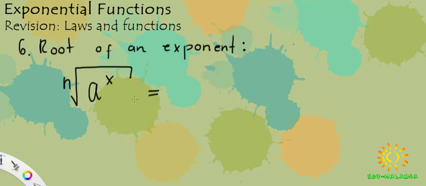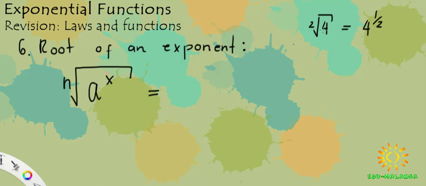But when you have roots, essentially you are powering the term by a fraction. So for example, the square root of 4 is also equal to 4 to the power of 1 over 2. Why 1 over 2? Because it's the square root, which means it's the second root. Use your calculator to check it.